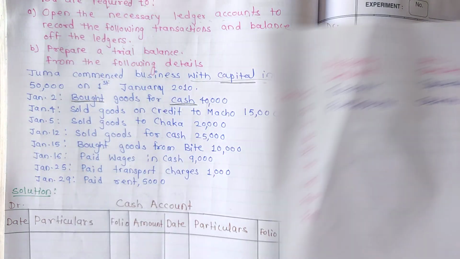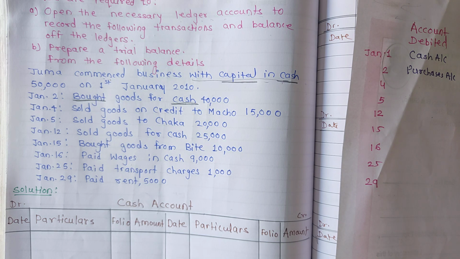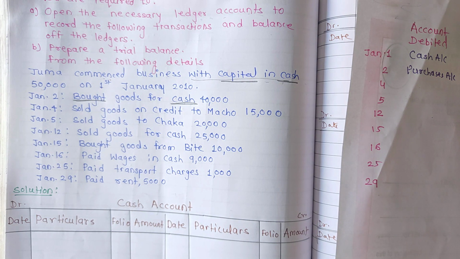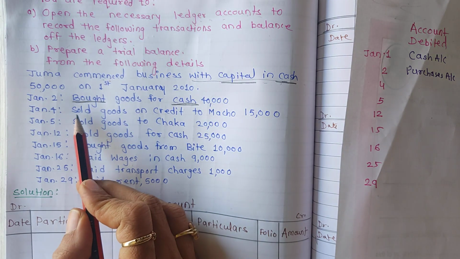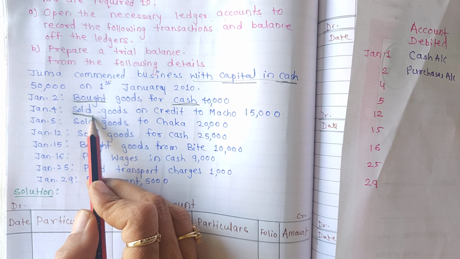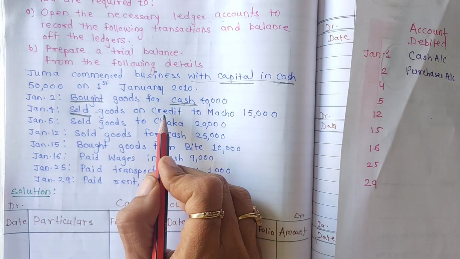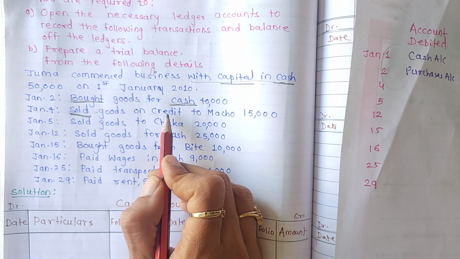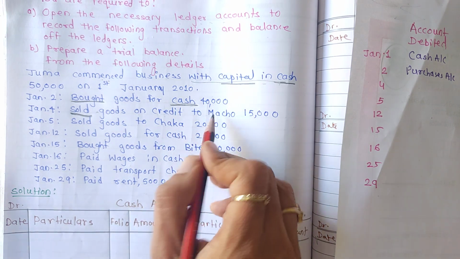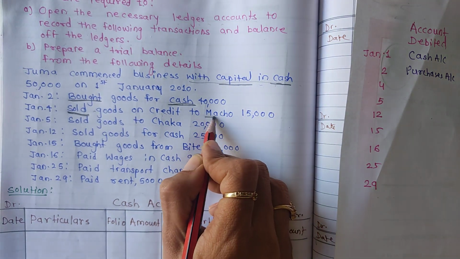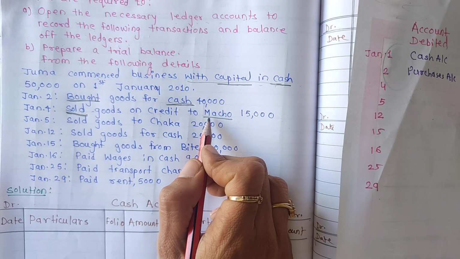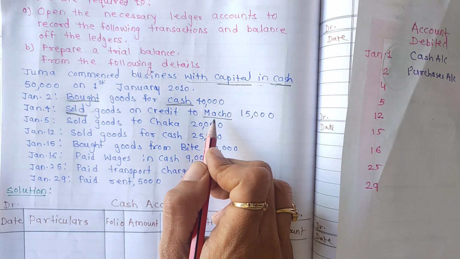Now next one, sold goods on credit to Macho. So here you can see it is a sale. So first account affected is a sales account, and as it is on credit, whenever it is on credit, we have to give effect to that personal account. So here Macho is a personal account, he is a debtor to the business.